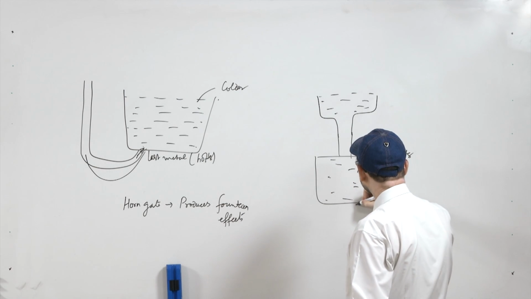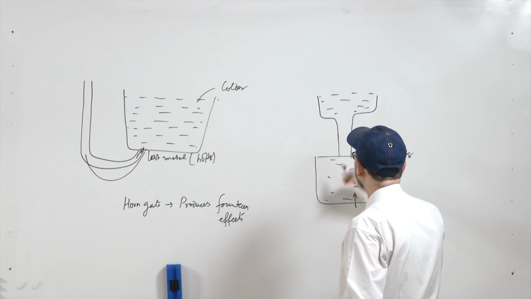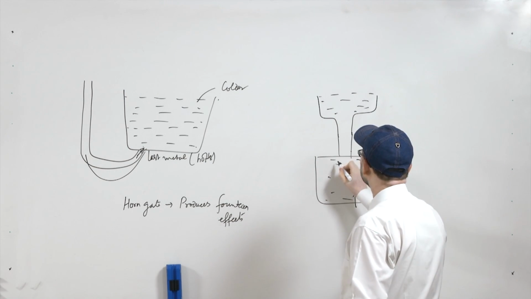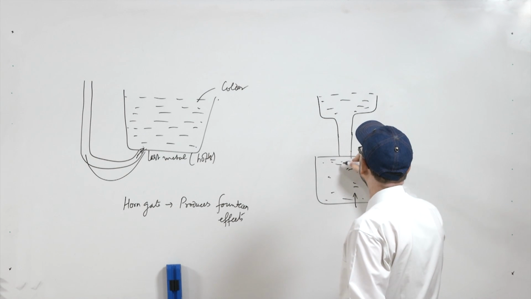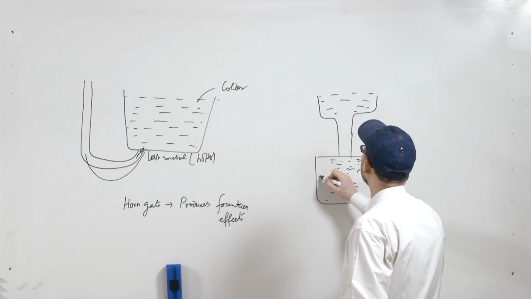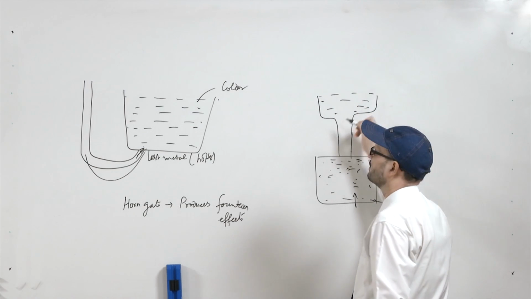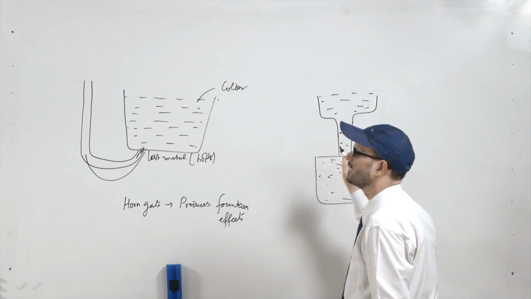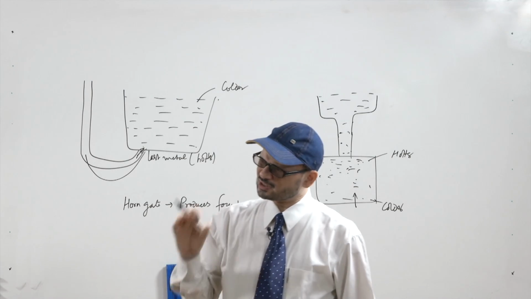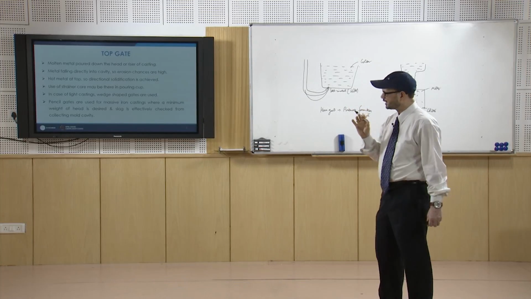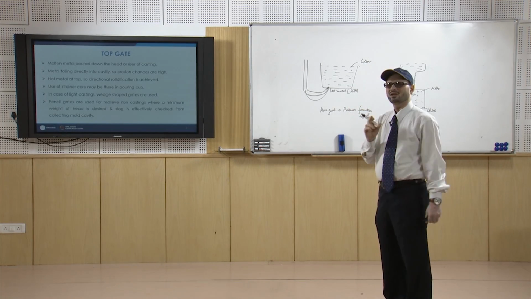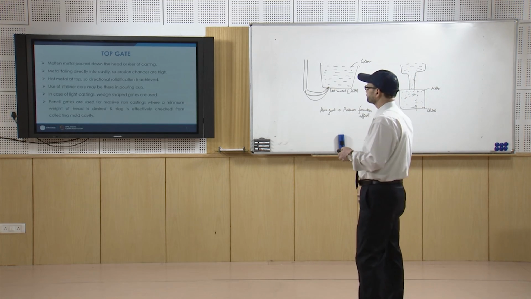The metal will start solidifying from this side and ultimately it will finish here. This will be hot, so this will be freezing late and the shrinkage will be taken care of by the riser which is connected to this portion. So, this is the advantage of using these types of top gates.